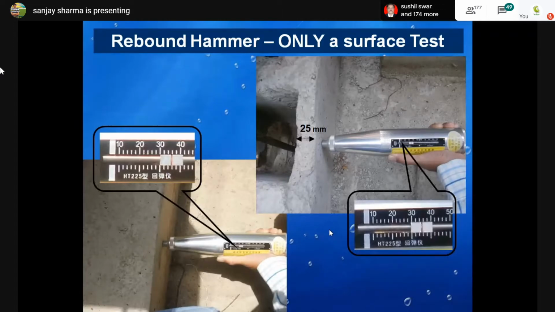If it is a new structure, you can test cubes and correlate them with the rebound number. With this sort of precaution, you will be able to get almost 100% correct results at the site.